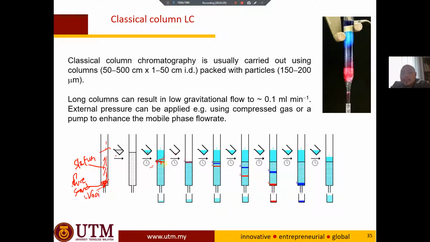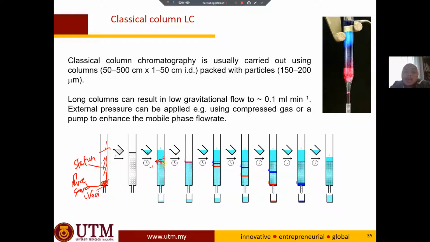Because the particles of this stationary phase are very small and the density is not that high. So if we put the mobile phase too fast, the stationary phase pack will move downwards and upward. So to make sure the pack at the top and bottom is maintained, sometimes they put another layer of purified sand.